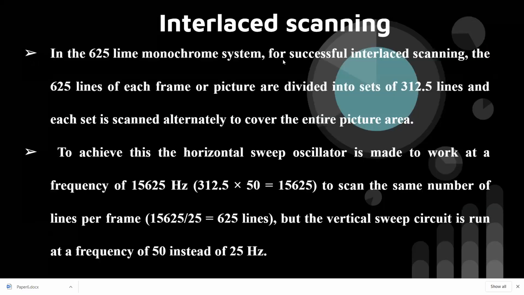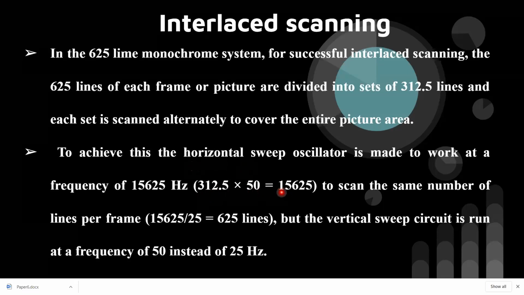So to get the frequency, we multiply the number of lines, 312.5, by the vertical scans, 50.